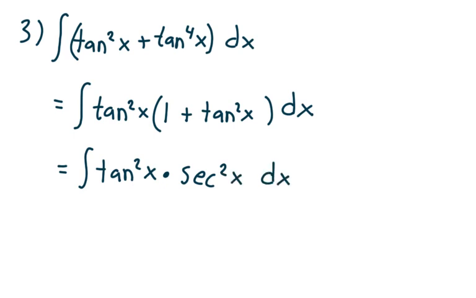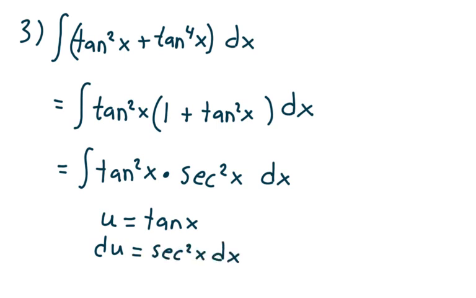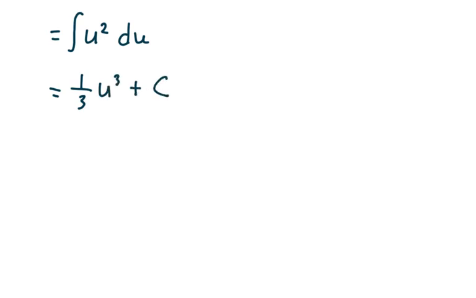Well, straight u sub. Let u equal tangent x. du is secant squared x dx. Okay, so this can be written as the integral of u squared du, which is 1/3 u cubed plus c, but u is tangent x.